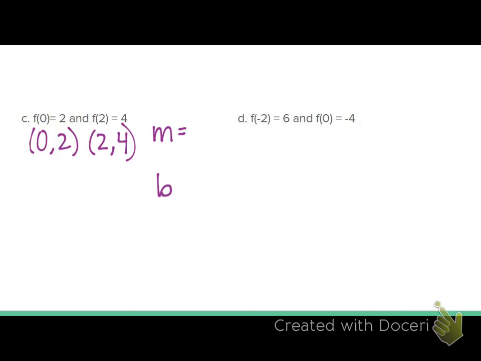We got our b. 4 minus 2, 2 minus 0. 2 over 2 equals 1. Good, so we find our slope by taking 4 minus 2 over 2 minus 0. Simplify, we get a slope of 1.